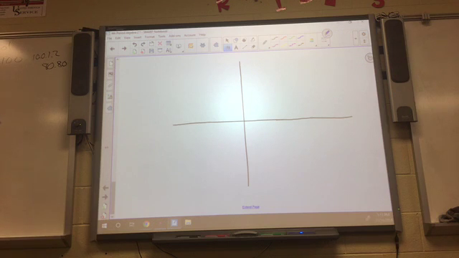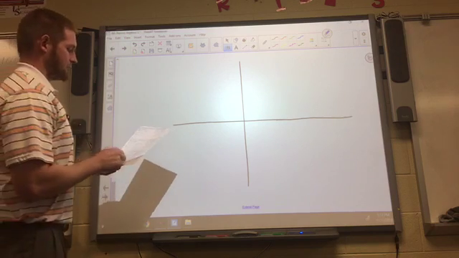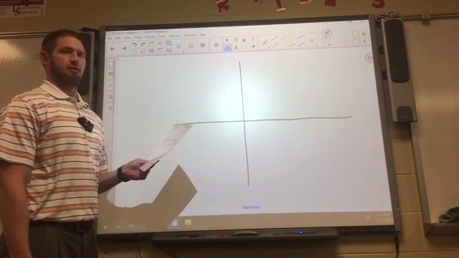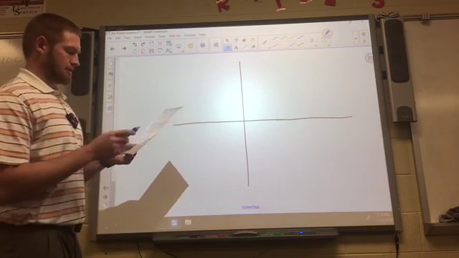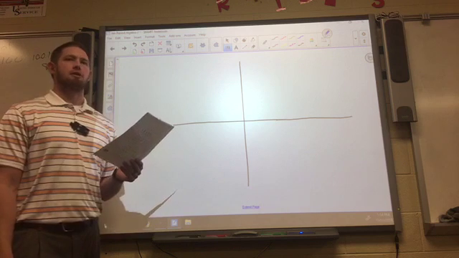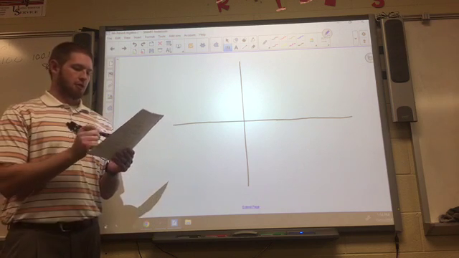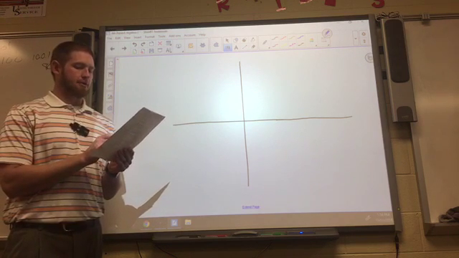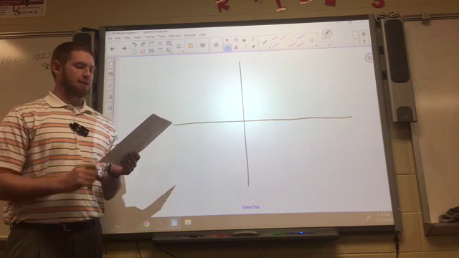What I have below there is telling you what happens on the ends of the graphs. When I write f of x, what is that really standing for? It's standing for my y values.